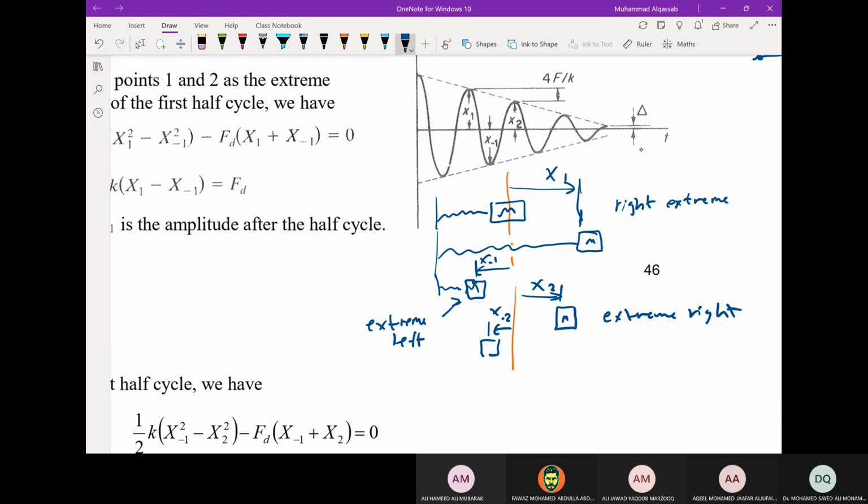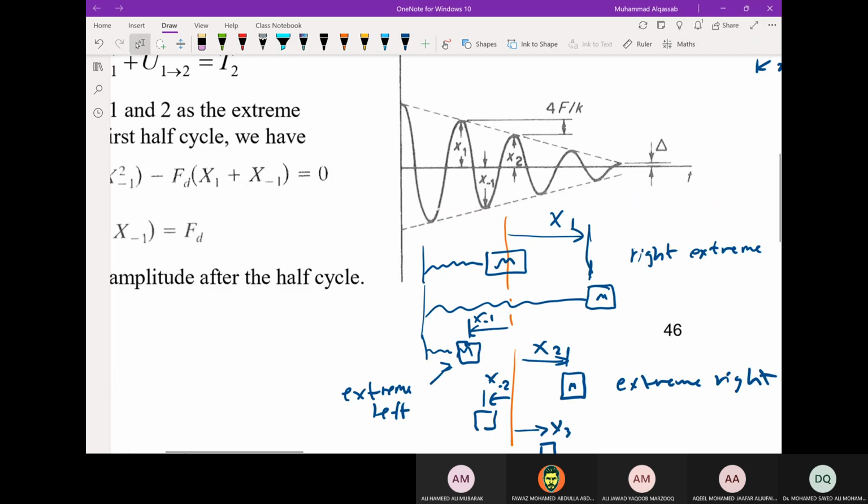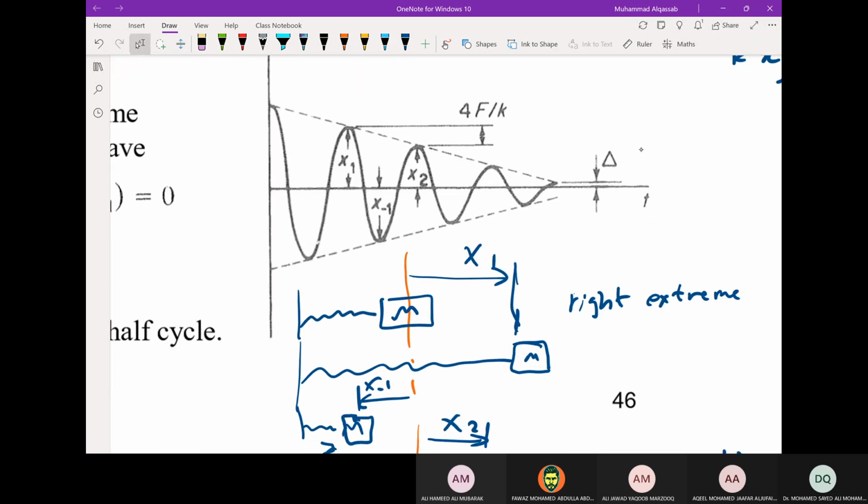This is X2 and this is X of -2. And then we'll go back to X3 and so on, and then X of -3 and so on. As you can see from this graph, this is the extreme position 1, then this is the extreme left, which is X of -1, and then this is the extreme right, which is X2. This is one cycle here.